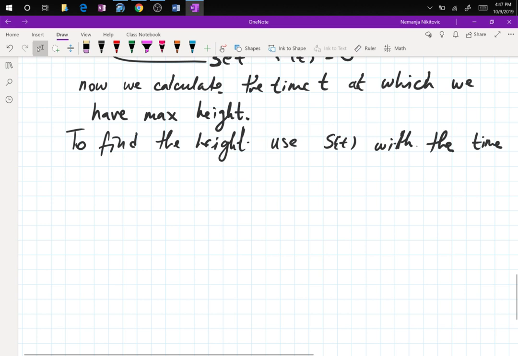A stone is thrown vertically on Mars. So, Mars, not the bar, the planet. So you throw a stone vertically on Mars, and the g on Mars is 12 meters per second squared.